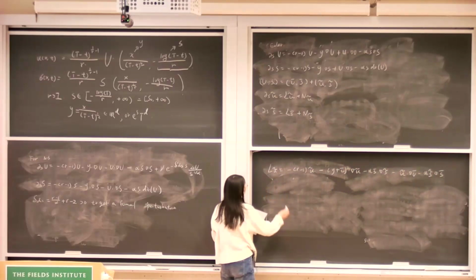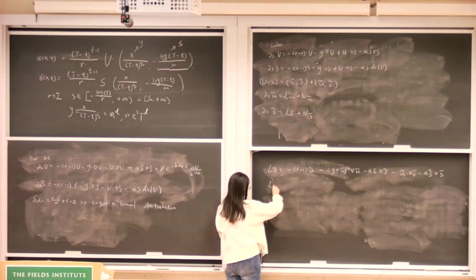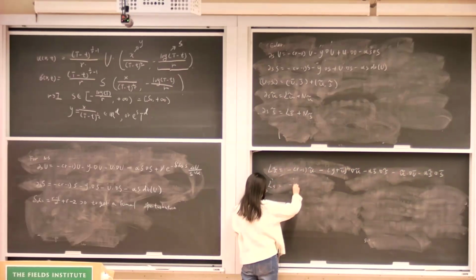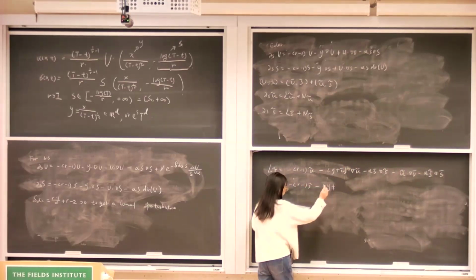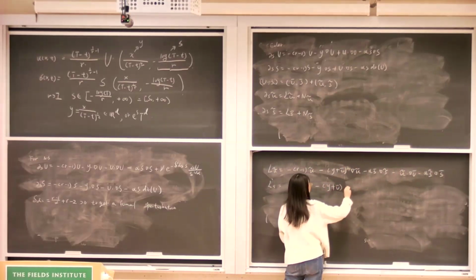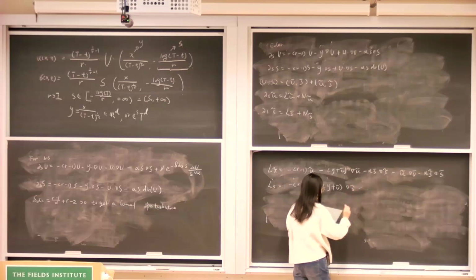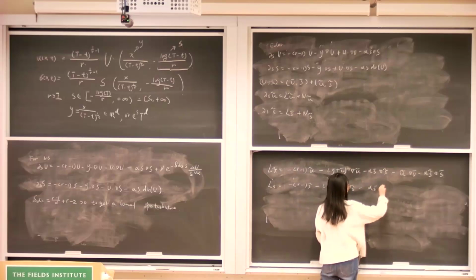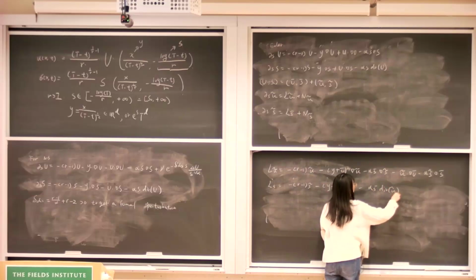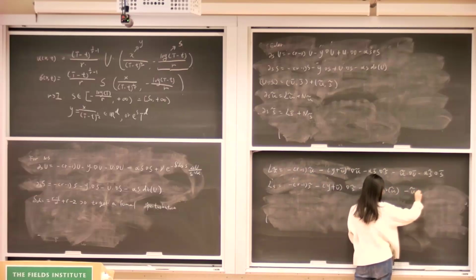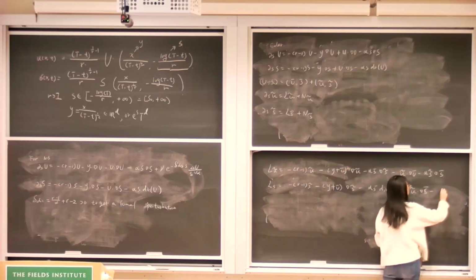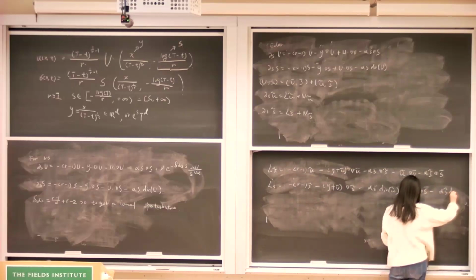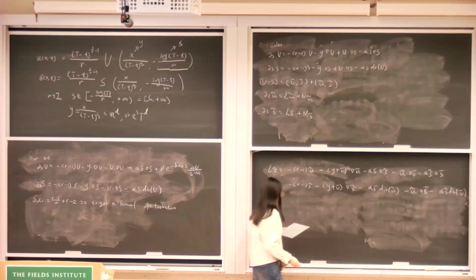So this is the linearized operator for U and the linearized operator for S. They're very similar, but not exactly the same. Okay.